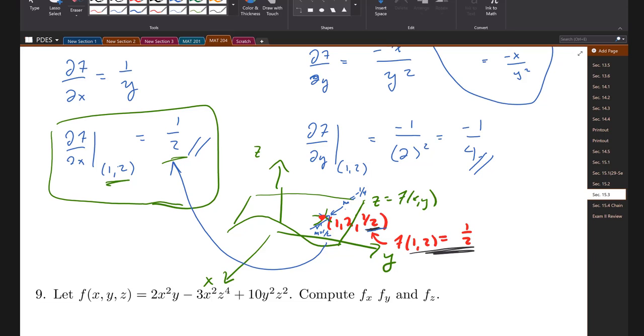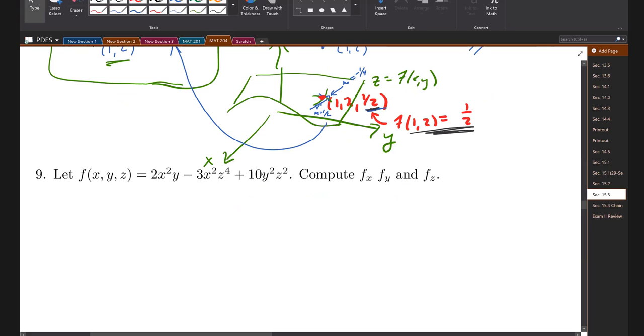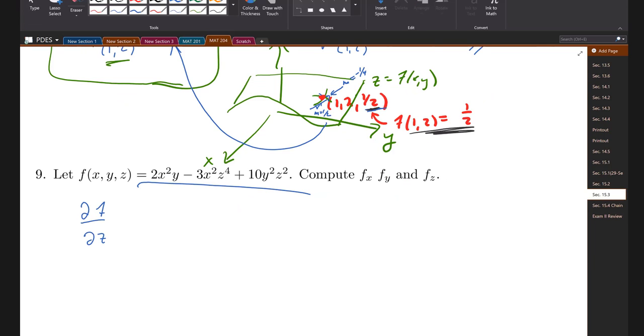Now, if I have a function of higher variables, like I do right here, now it does make sense to say what is partial f partial z. But we can't picture this function. Why? Because this function requires an ordered triplet as an input, and it lives where? In 4 dimensions. Oh, I've got quite a delay there, folks, on my video. Sorry about that.